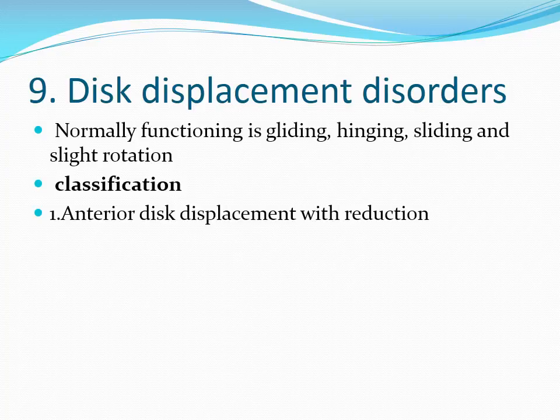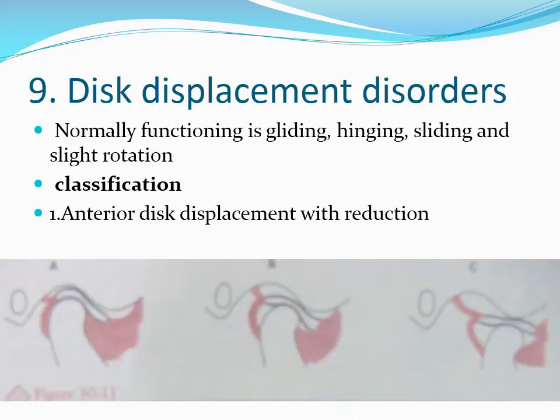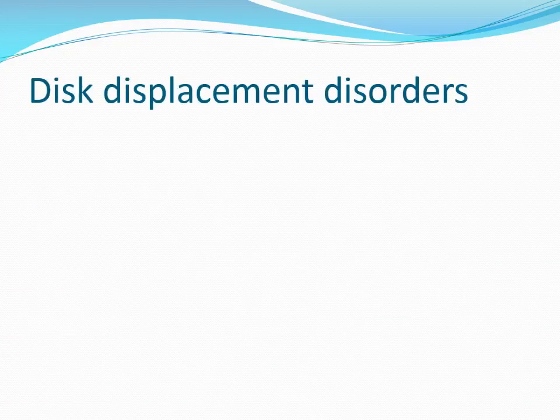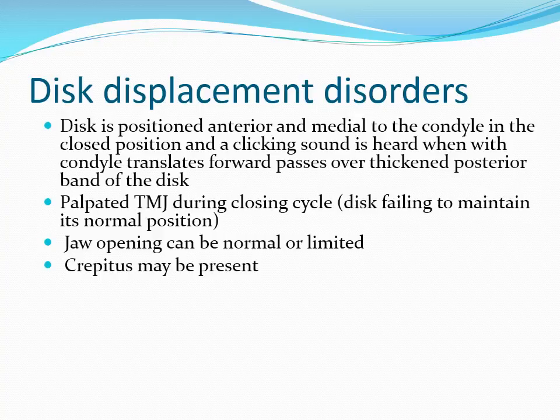For the disc displacement, we can have with reduction or without reduction. The disc is positioned anterior and medial to the condyle in closed condition, and on palpating the TMJ during closure, we feel the disc failing to maintain its normal position.